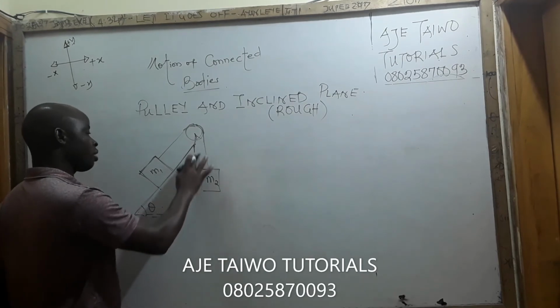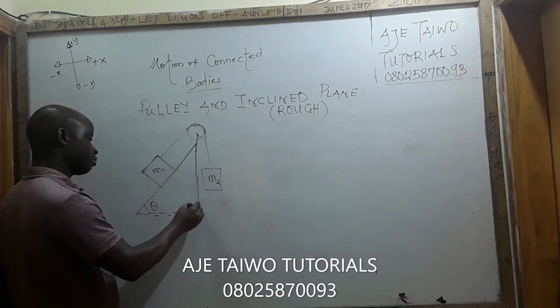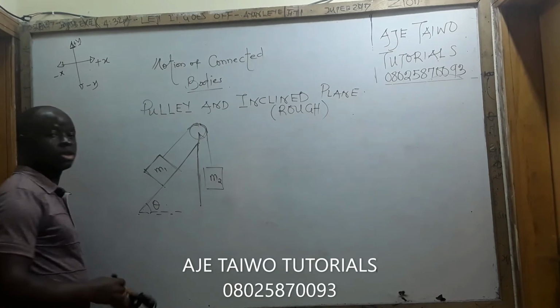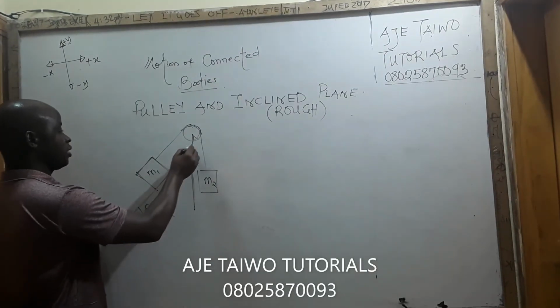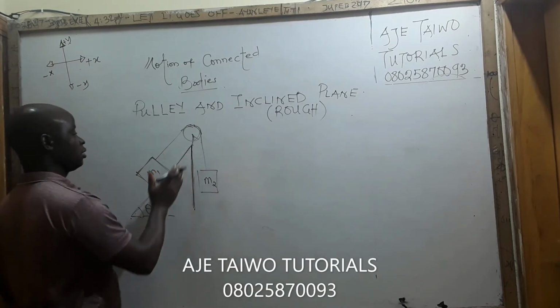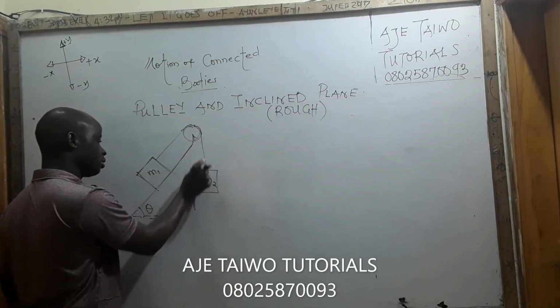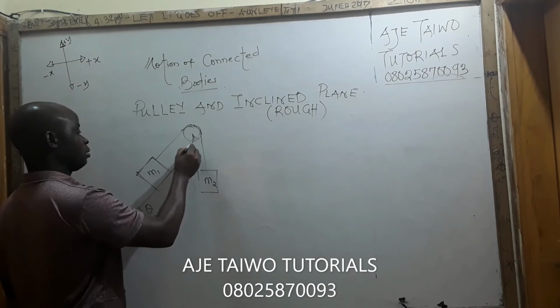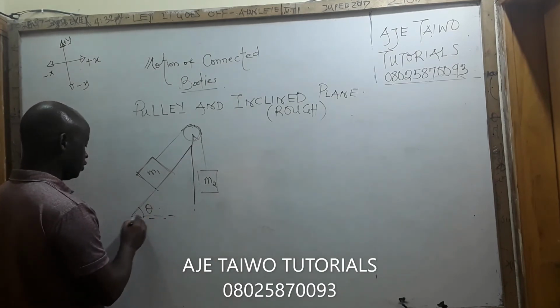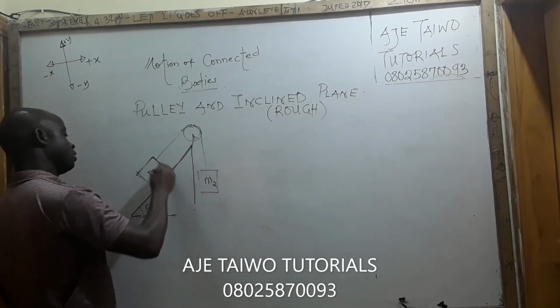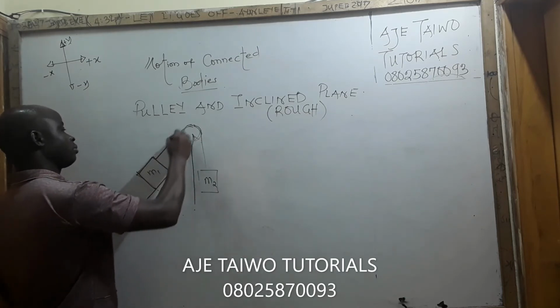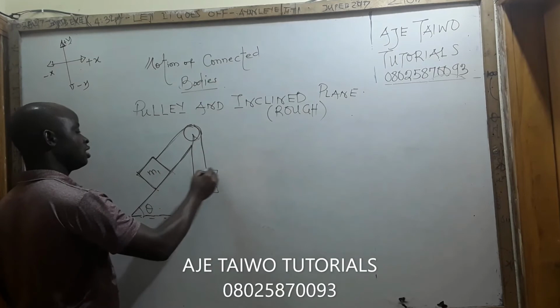So this is the inclined plane, this is body 1, that's the pulley, and this is body 2.